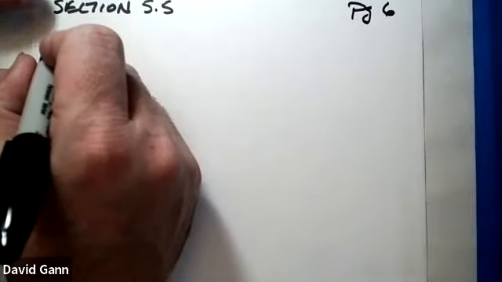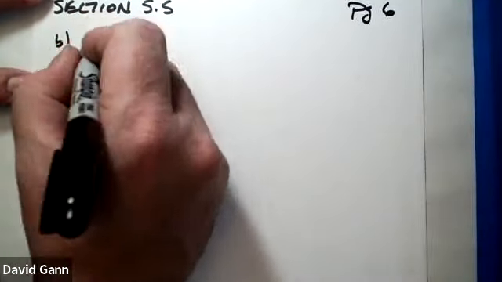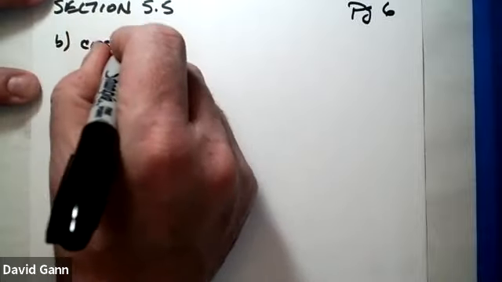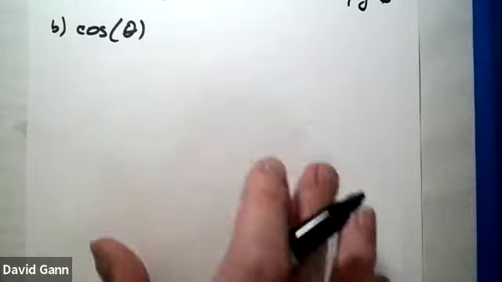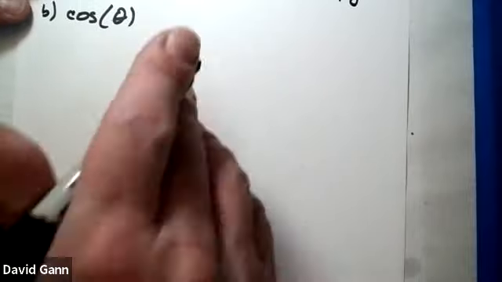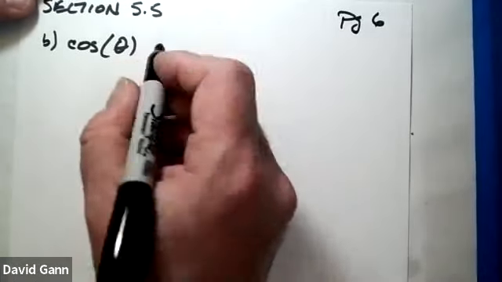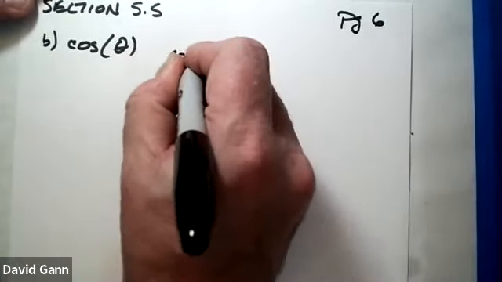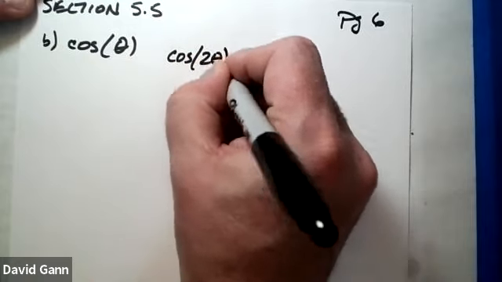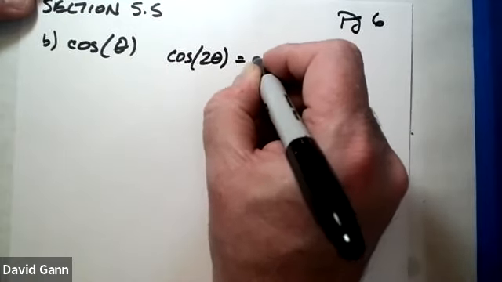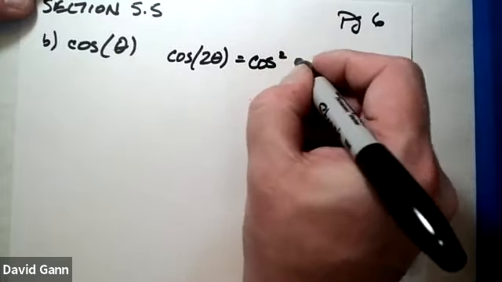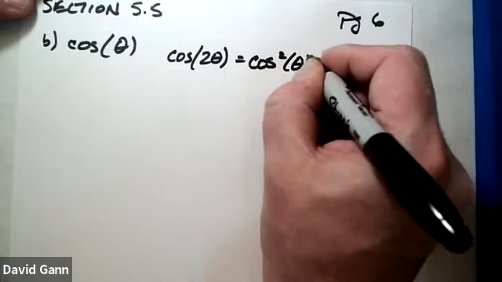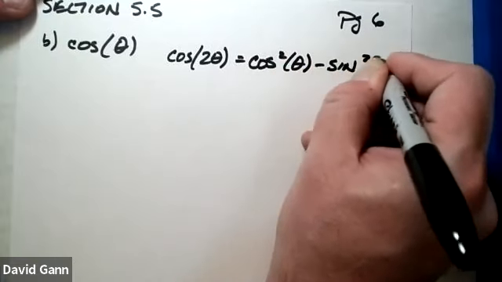So the next step then is to find cosine. Recall, it's a real similar thing to what we just had. We could go through that same formulation, but let me try using a different one. So cosine of 2 theta is equal to cosine squared theta minus sine squared theta.